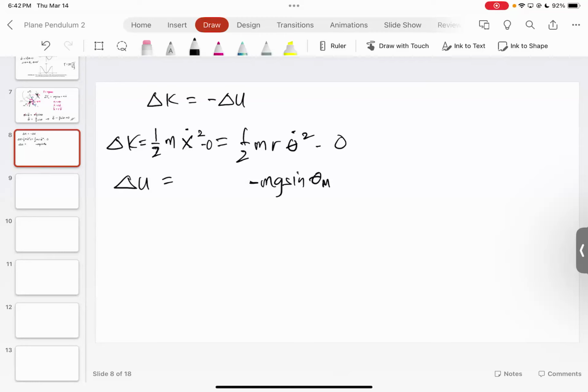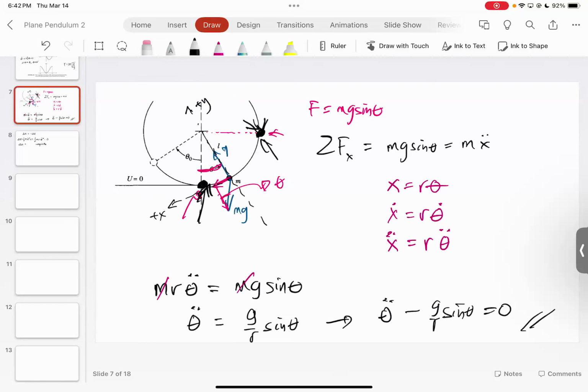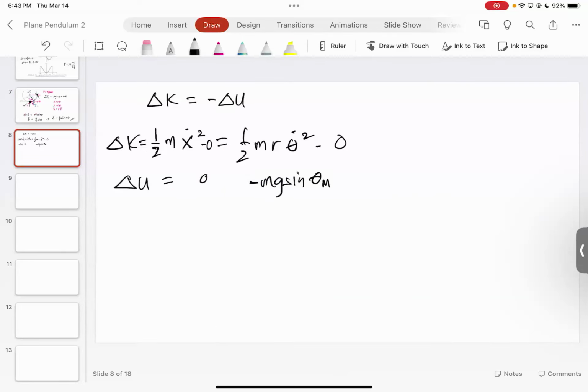And then arriving here, or sorry, not necessarily here, anywhere on the trajectory, the potential is mg sine theta.